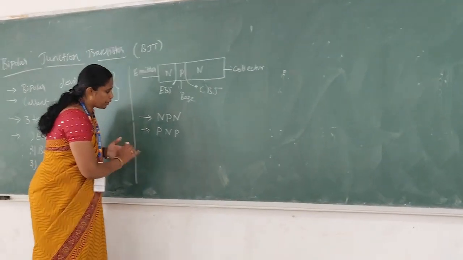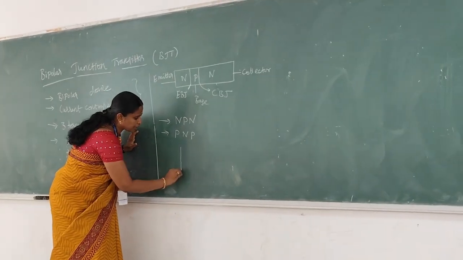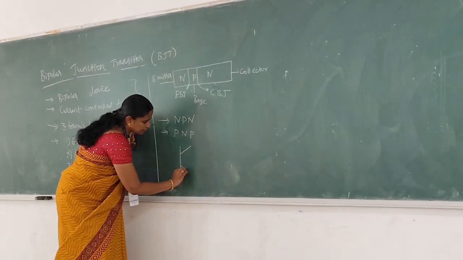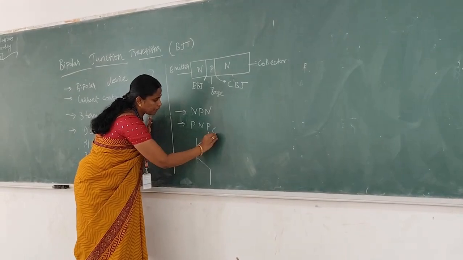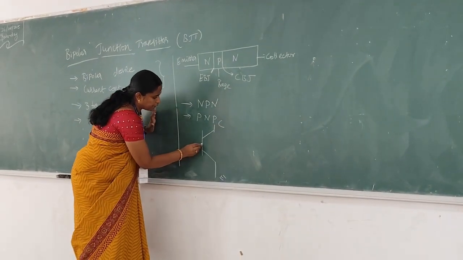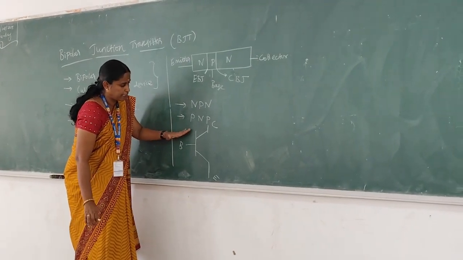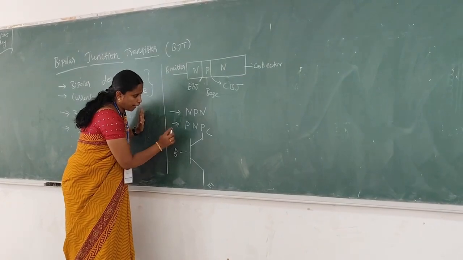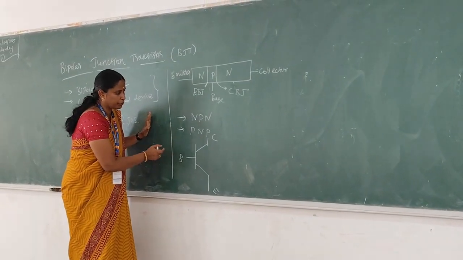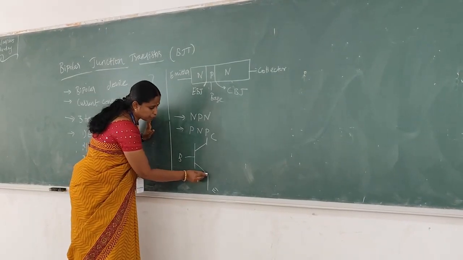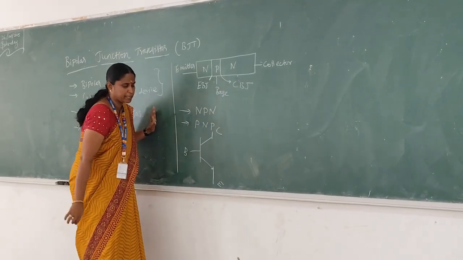The circuit symbol of this device has collector, emitter, and base. To identify the type of transistor, we draw the arrow mark at the emitter pin.